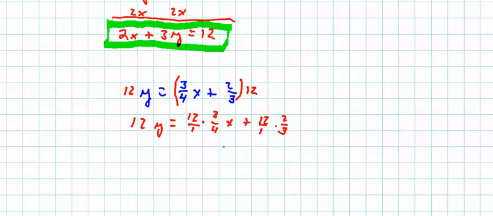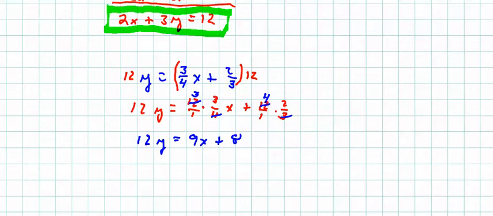All right, 4 goes into 12 3 times. 3 times 3 is 9. 3 goes into 12 4 times. 4 times 2 is 8. And I have 12y.